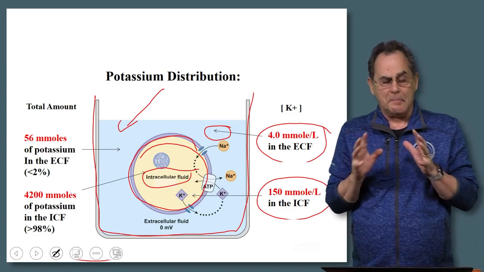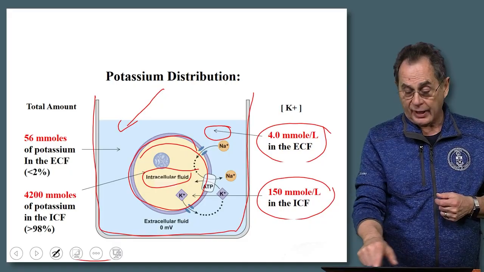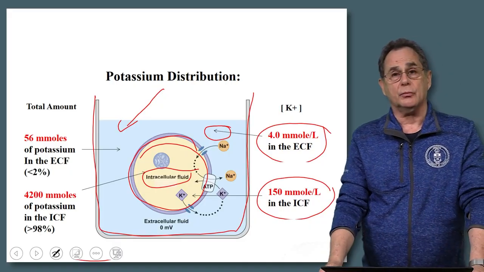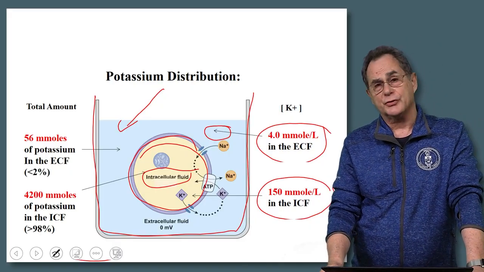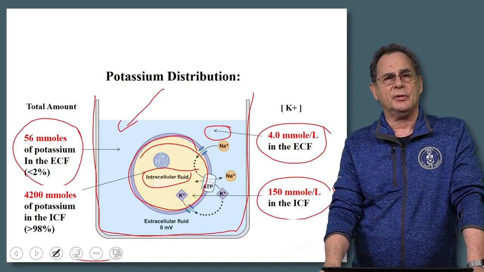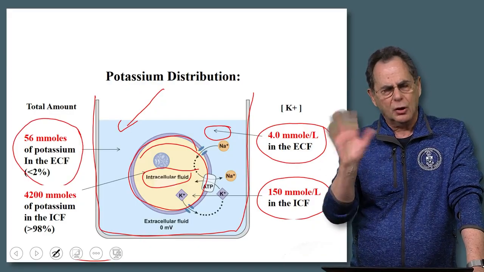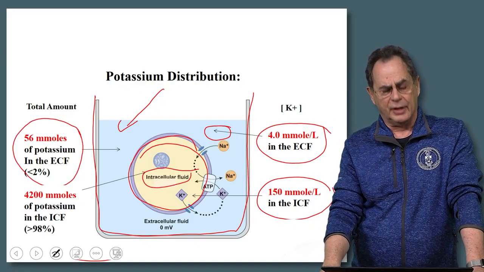And so if we do the math and take into account the volume, there are approximately 14 liters within the extracellular fluid compartment, which means the total amount of potassium in the extracellular space is 56 millimoles, on average in a 70 kilogram person.